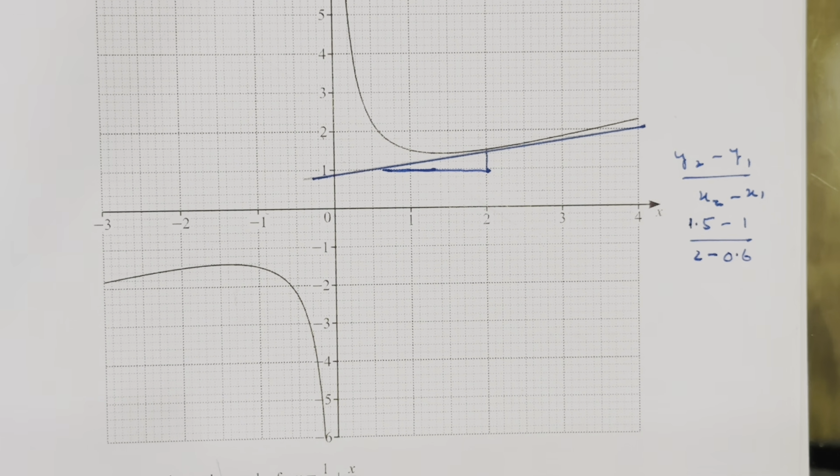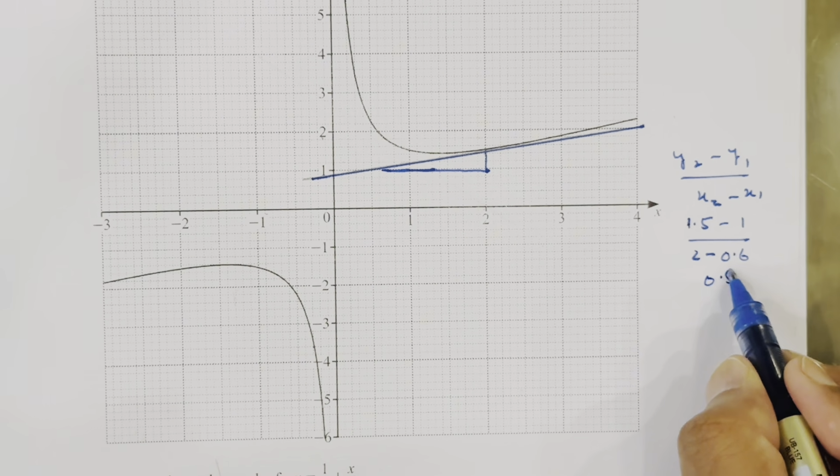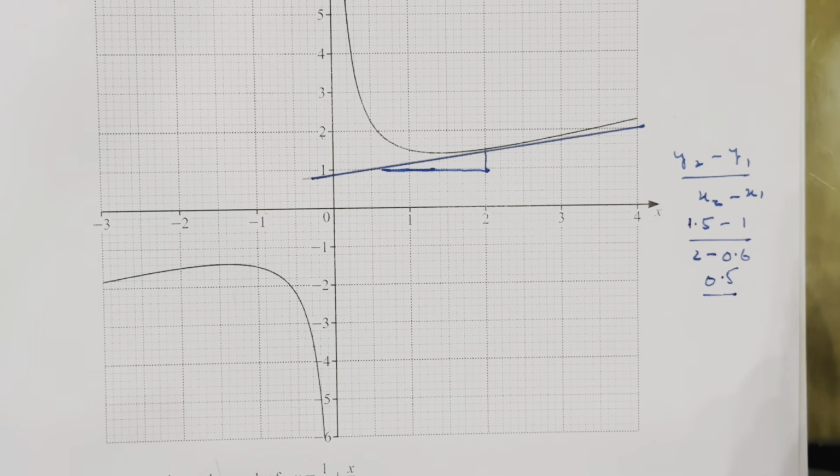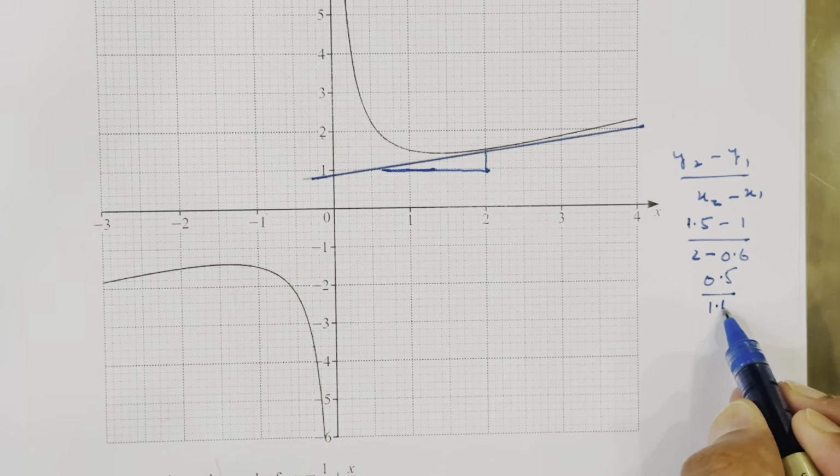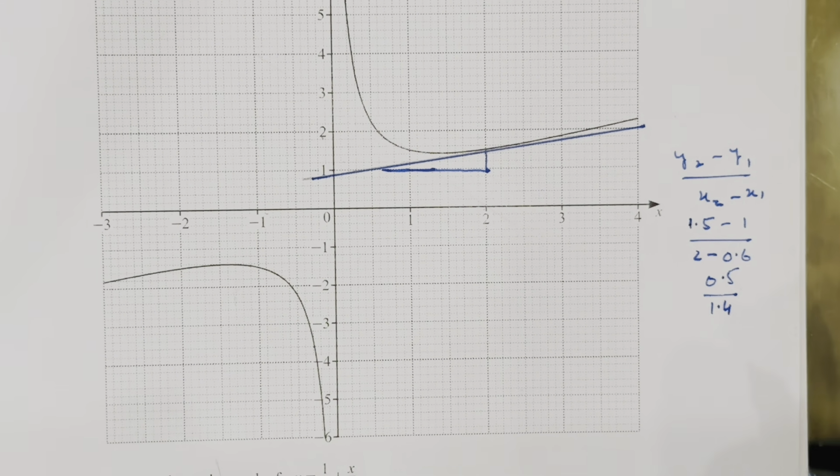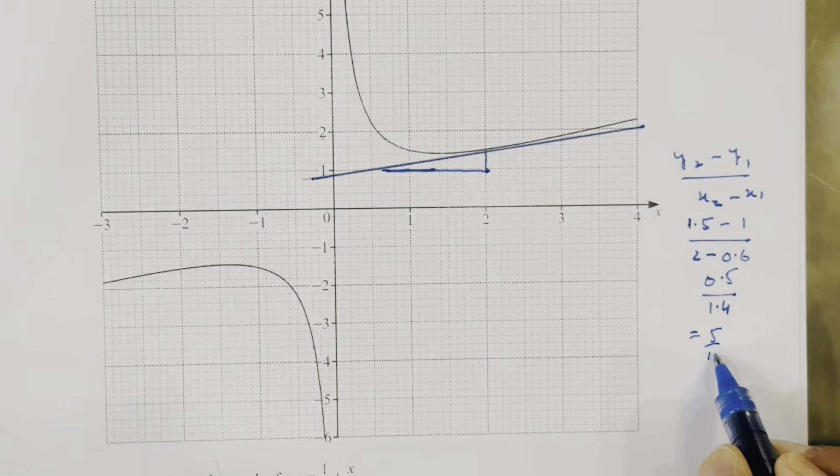So you can write it over here 0.5 over 1.4, or you can say it is 5 over 14.